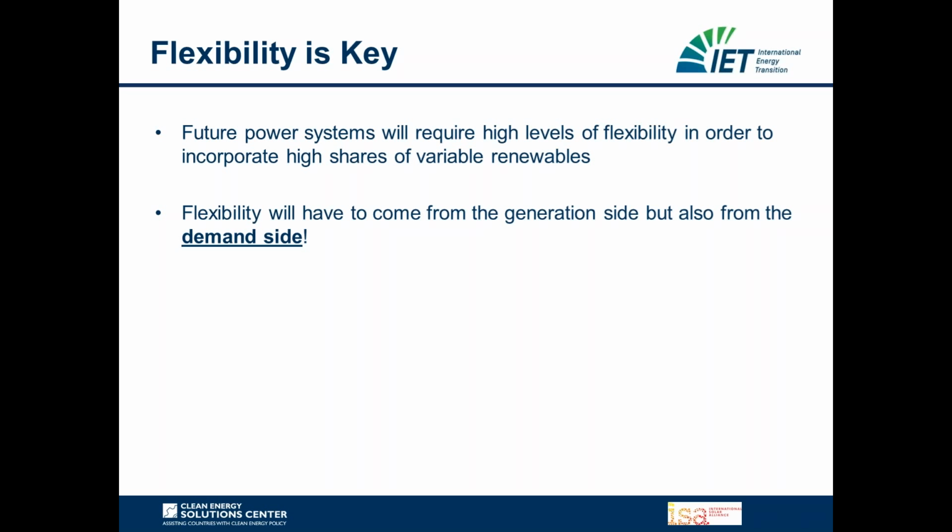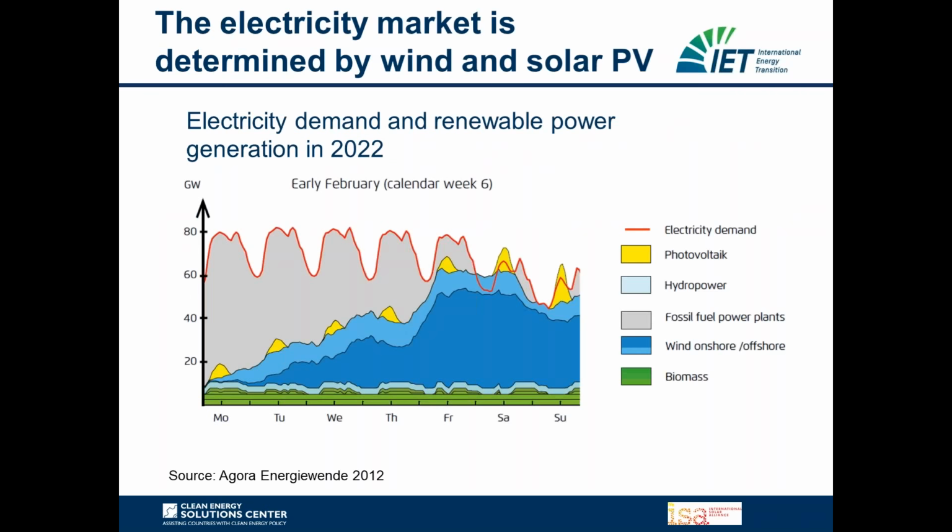And on the other side, we will also need more flexibility on the demand side, so that we have more electricity consumption in times of high output of wind and solar, and less electricity demand in times of low output of wind and solar plants. I will just show this quickly in a few graphs, which I frequently use in presentations, from Agora Energiewende.